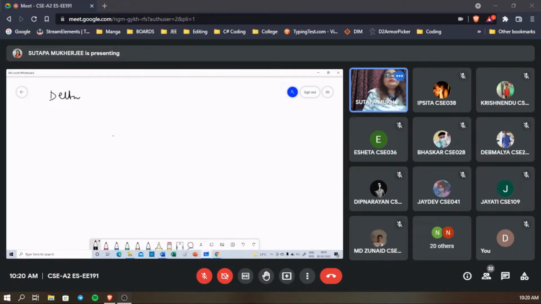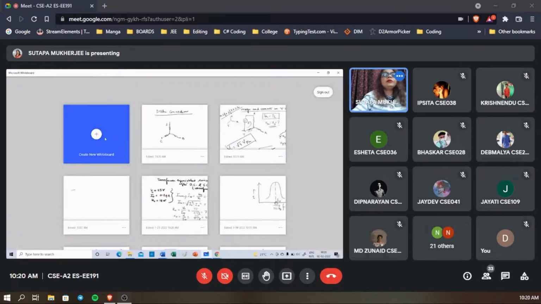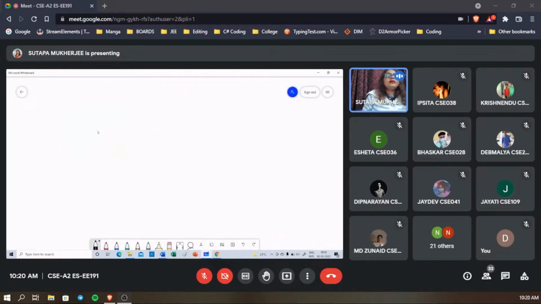Okay. So 1, 2, 3. These are the 3 phases. So this is represented by R, this is Y and this is B. I'm sorry, it is star connection.